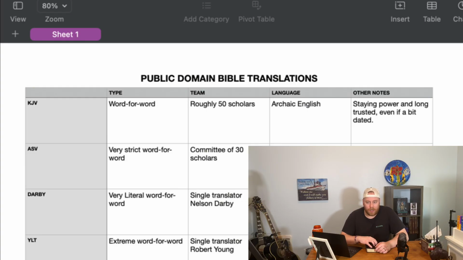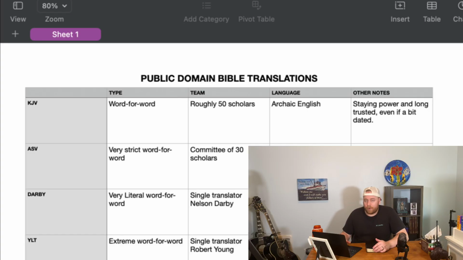I know there have been some revisions to the King James, but as far as I can tell, I believe a lot of the primary, original text remains the same. So there is a little bit of a language barrier, even though it is within the realm of English still.